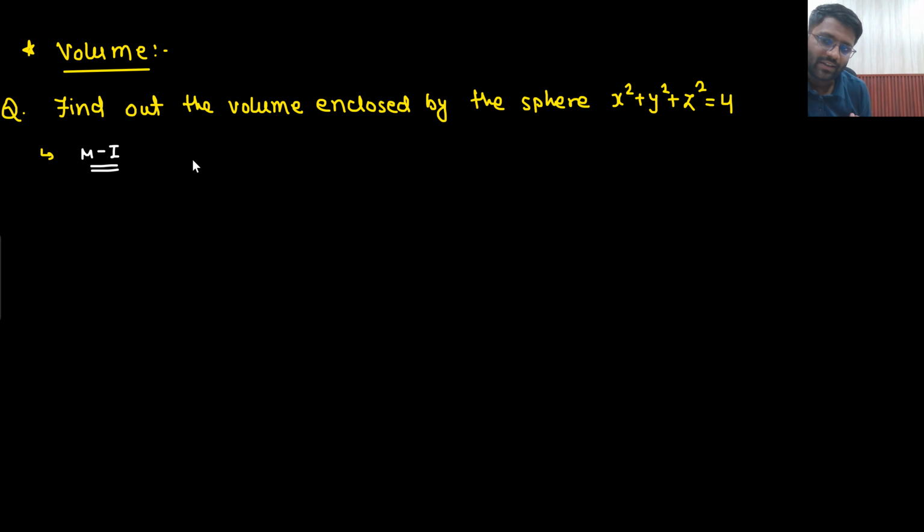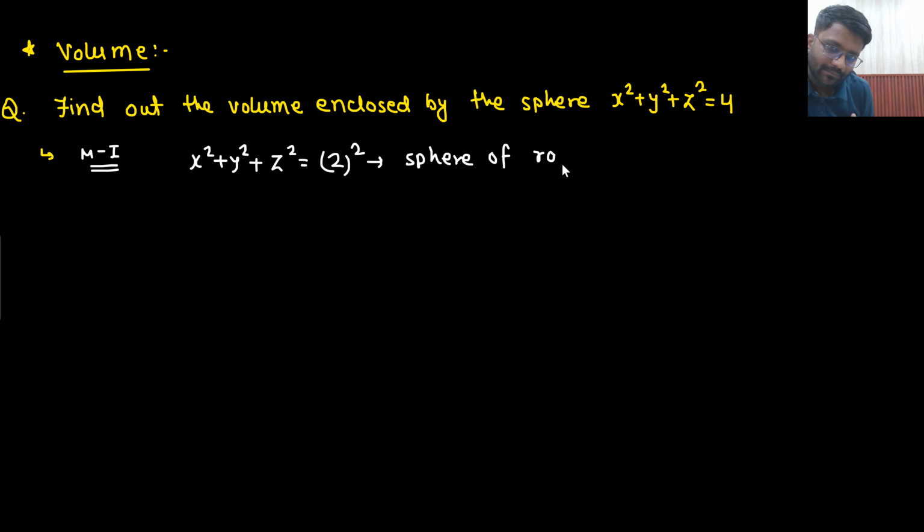Sir, it is a sphere of radius 2, x square plus y square plus z square equals 2 square. So what will be the volume? The answer we already know. In class 9 or 10, if you have studied the formula, then the volume of a sphere is given by 4 by 3 pi r cube.